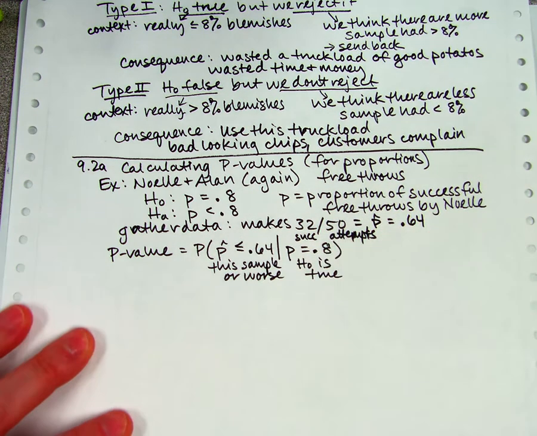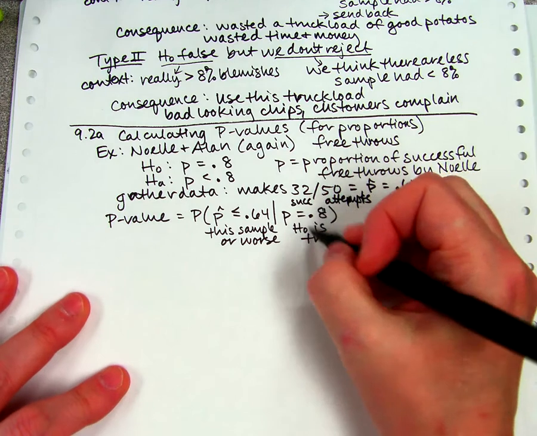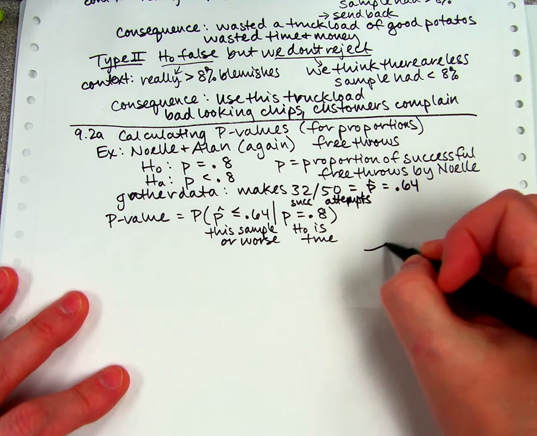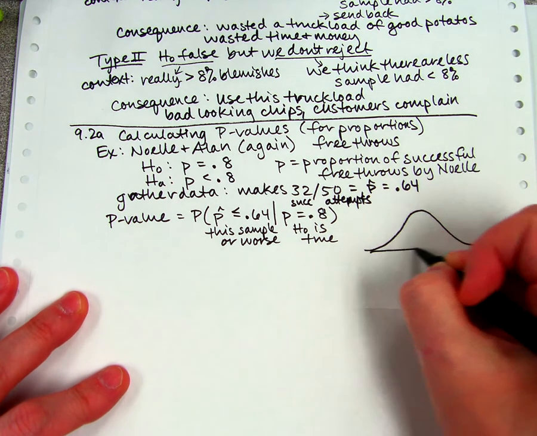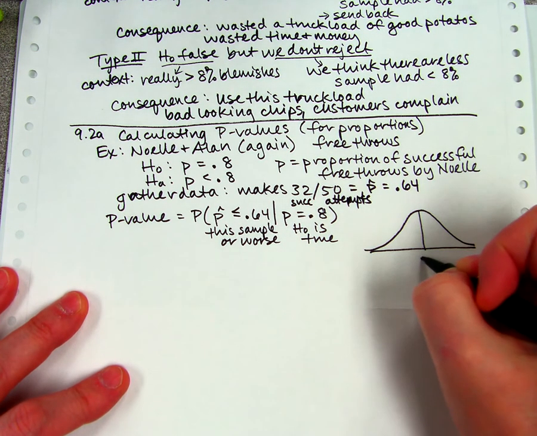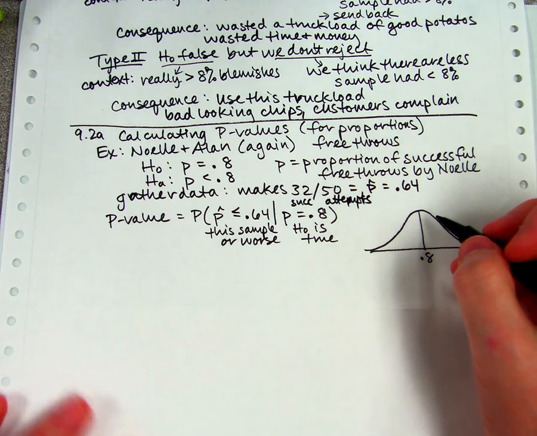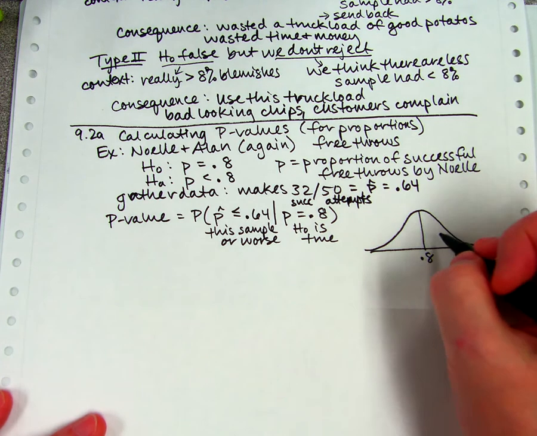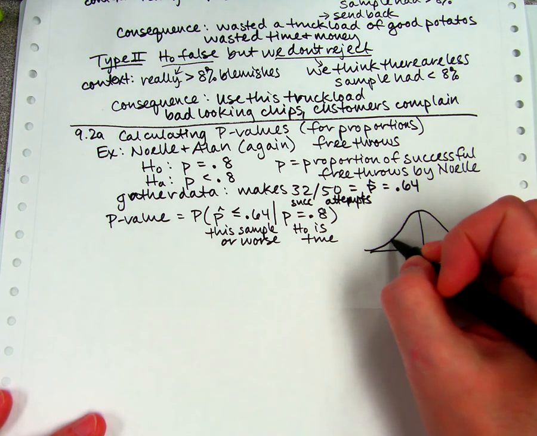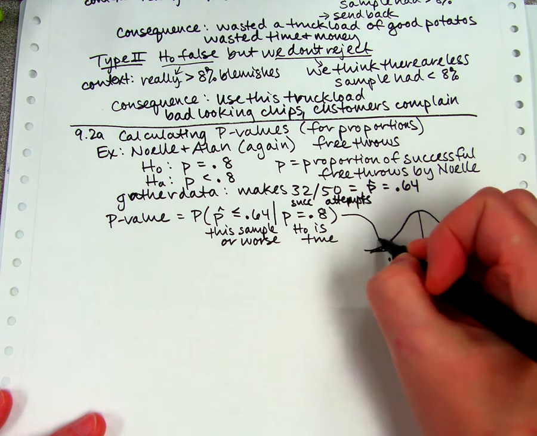That's what I want to calculate. So basically, because I'm saying given the null is true, I'm picturing in my mind a normal curve with 0.8 at the middle. And I'm going to calculate the standard deviation so that I can figure out just how far off that 0.64 is, that's down here somewhere. And I'm going to find this area. That's what I'm about to do.